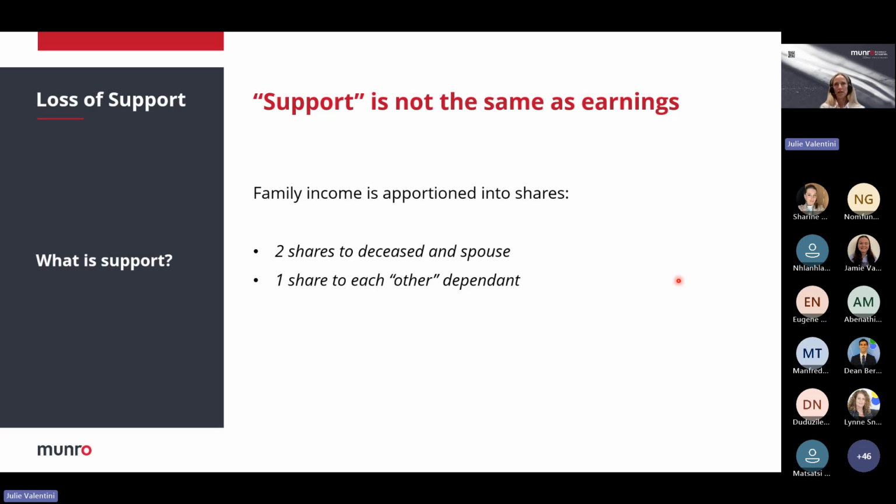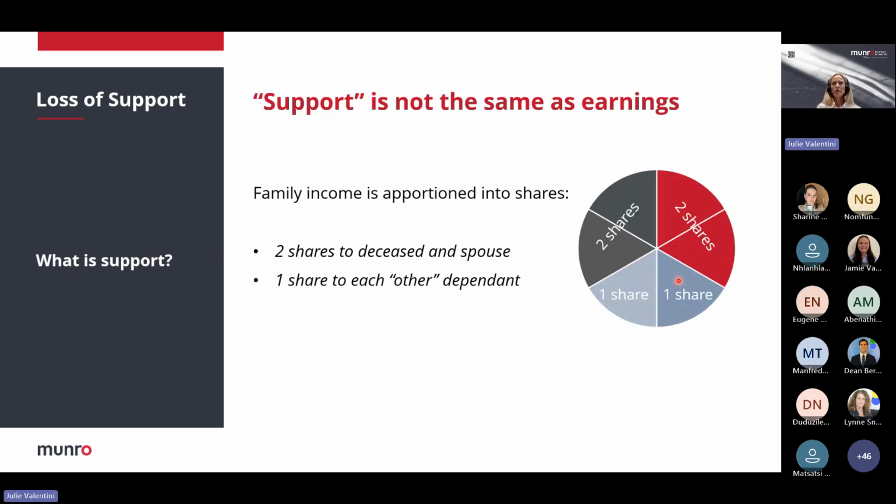So what does that really mean? So let's say we had a family with a father, a mother, and 2 children. 2 shares would be given to the deceased, so it's that dark gray area. 2 shares to the spouse, let's say it's the red area, and 1 share to each of the children. So 2 plus 2 plus 1 plus 1 gives you 6 shares.